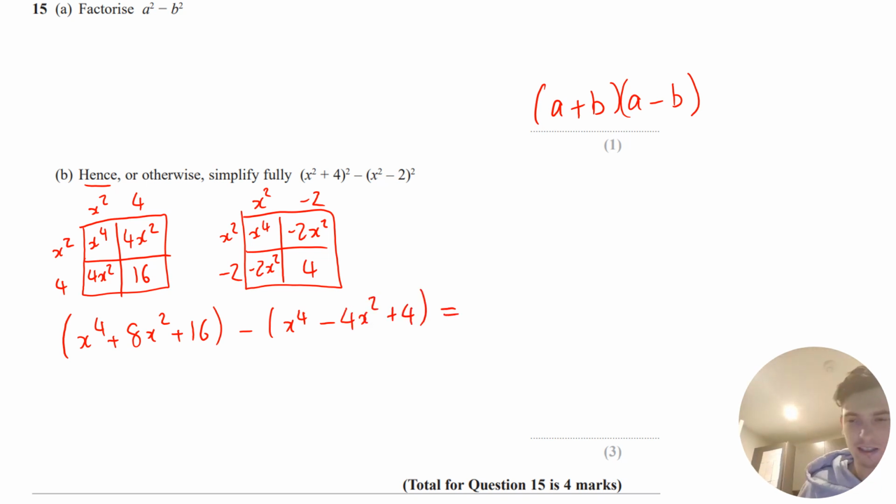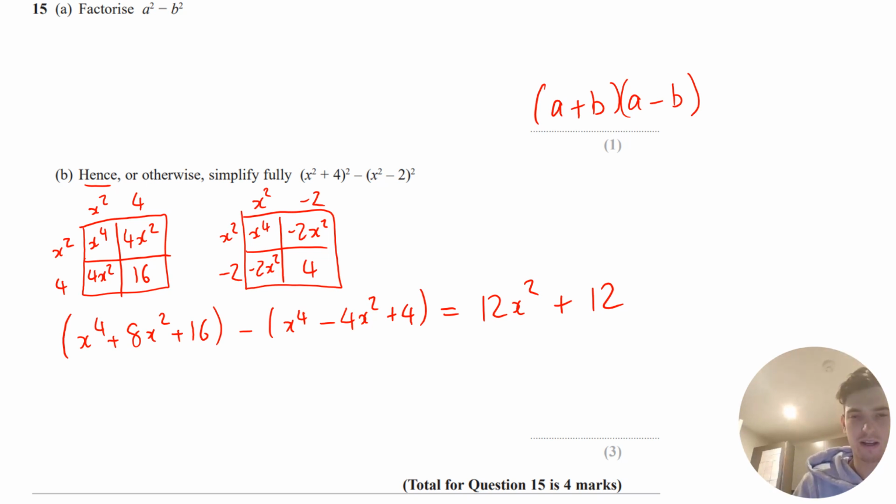So the x to the power of 4 terms cancel each other out. You've got 8x squared, subtract negative 4x squared, and then 16 subtract positive 4. So plus 12. So that's your answer, but there's actually a cooler way to do this.